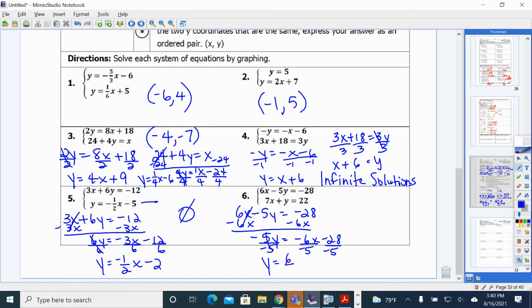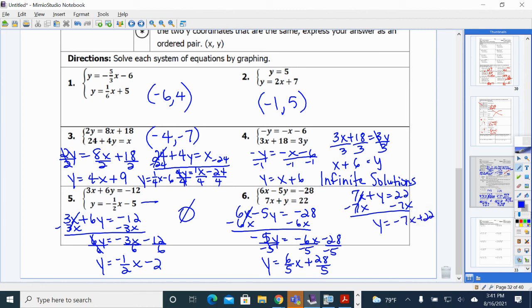It doesn't reduce, so we're just going to leave it 6/5 x. Negative 28 divided by negative 5 is going to be positive. Does not reduce, just leave it 28/5. The second equation says 7x plus y equals 22. And if we just subtract the 7x, we get y by itself.